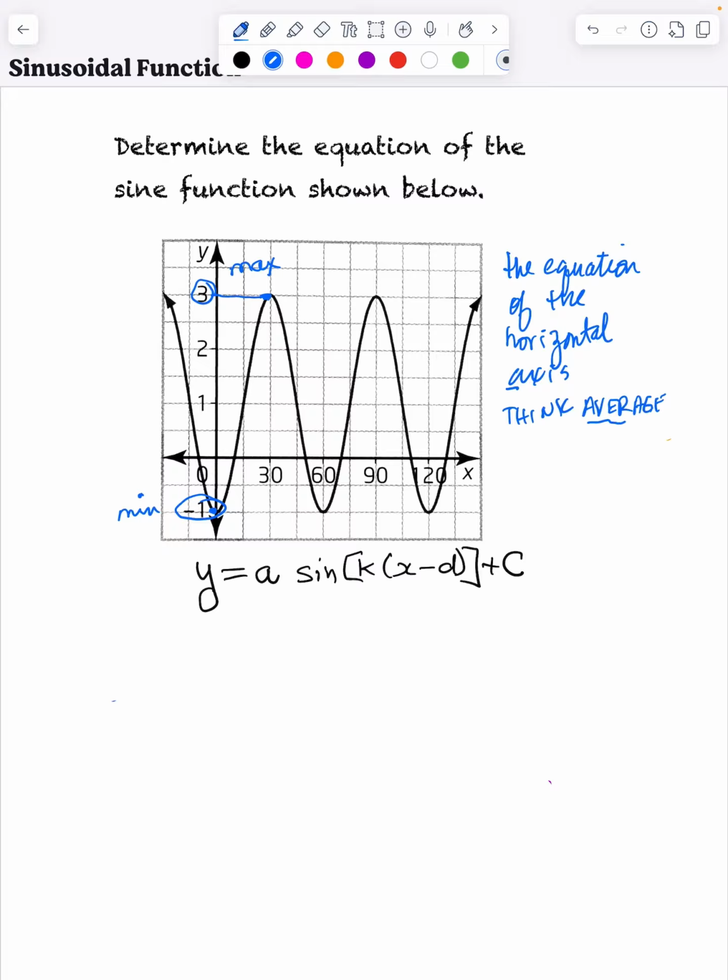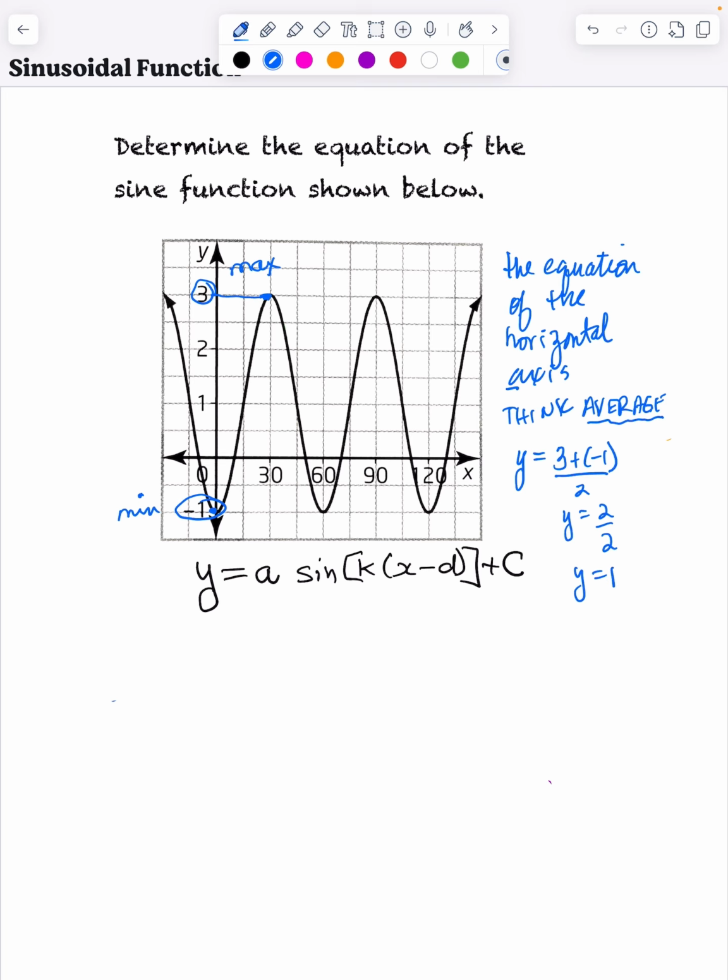So when you think average in the middle, you're going to put in y equals, because it's a horizontal line, 3 plus -1 divided by 2, which is 2 divided by 2, which is equal to 1.